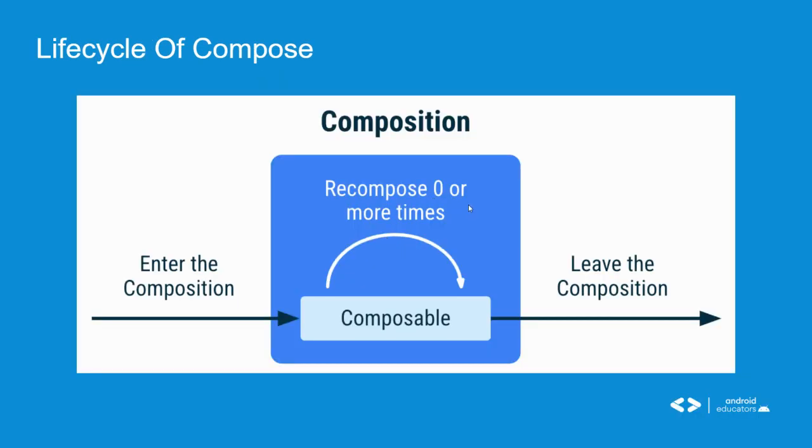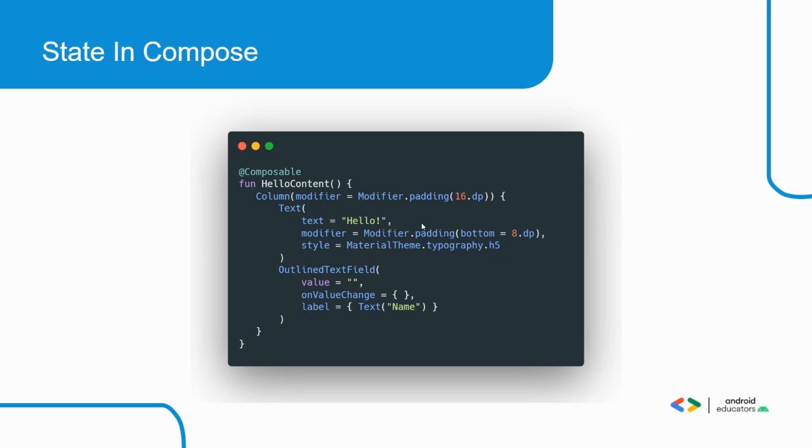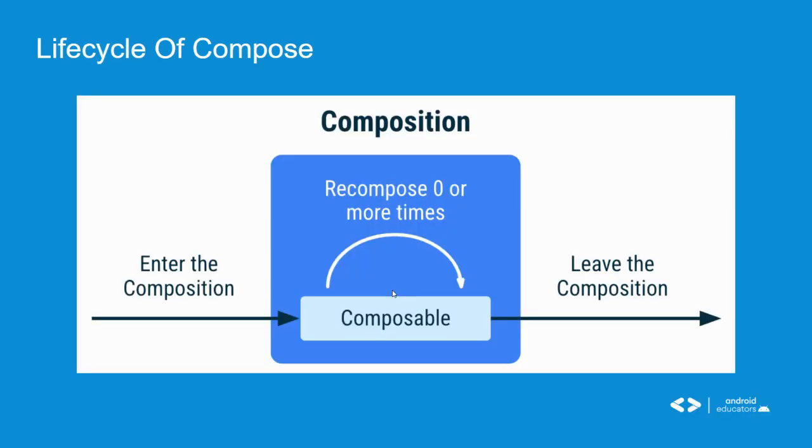Recomposition is when the same composable gets re-executed again, because a parameter of that composable got updated. In this case recomposition would not happen because we have static values in every parameter. We are not updating them as dynamic values, so recomposition will be 0 times.